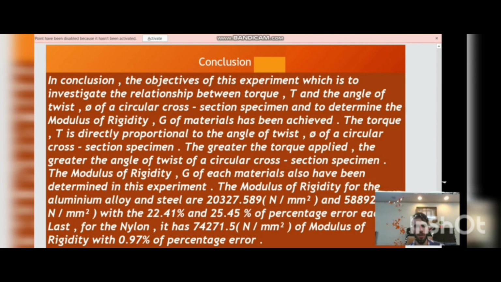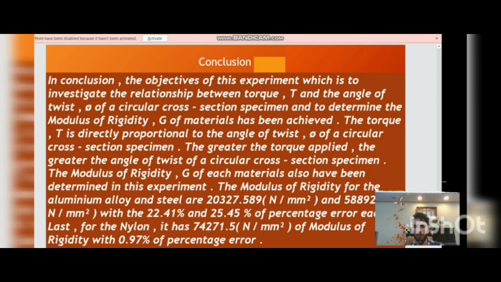The torque is directly proportional to the angle of twist of the circular cross-section specimen. The greater the torque applied, the greater the angle of twist of the circular cross-section specimen. The modulus of rigidity of each material has also been determined in the experiment.